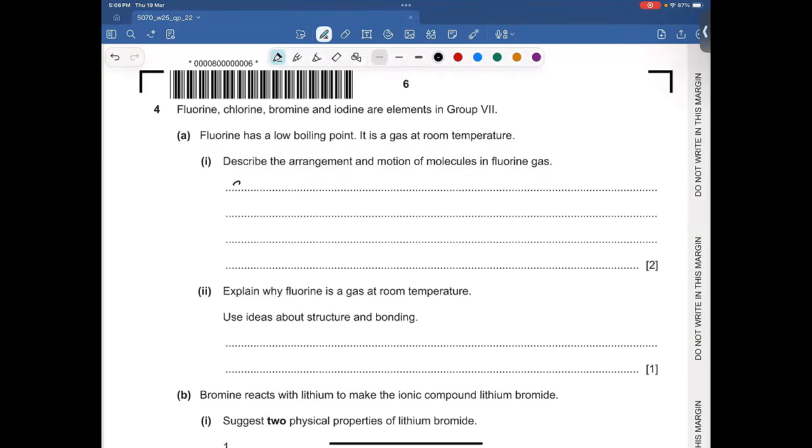Gaseous molecules are very far away from each other. So they move.